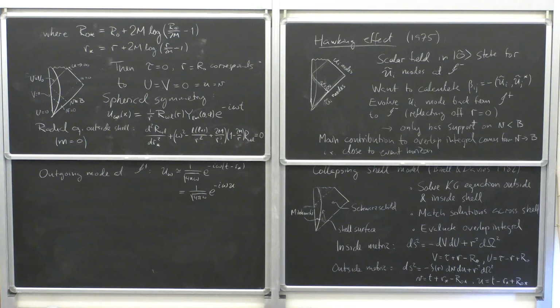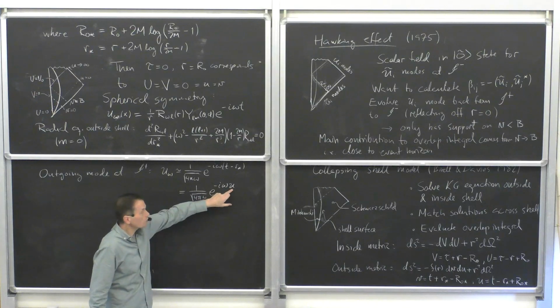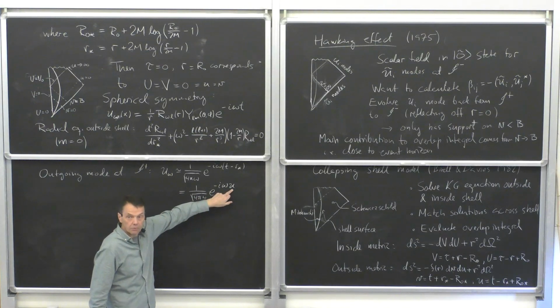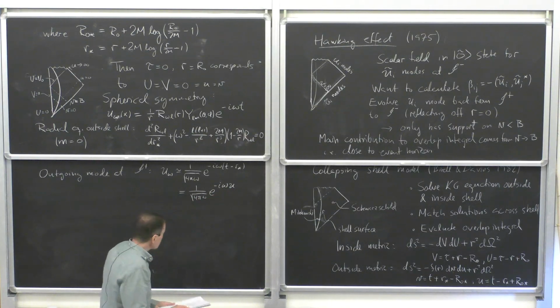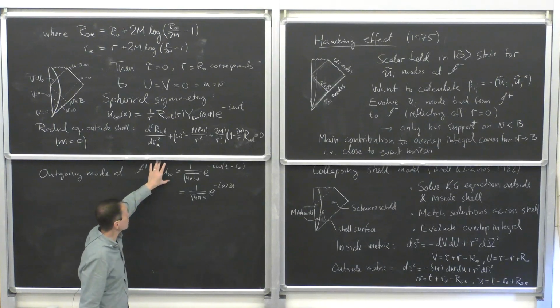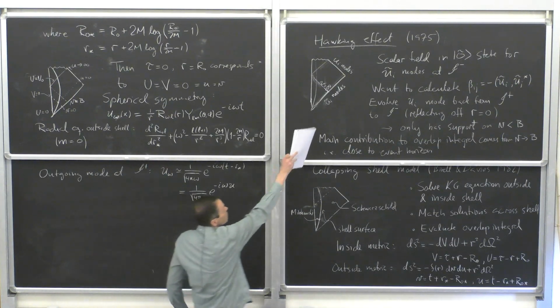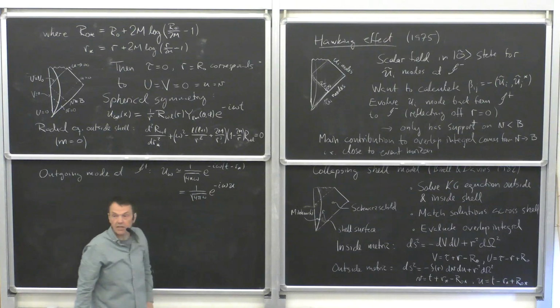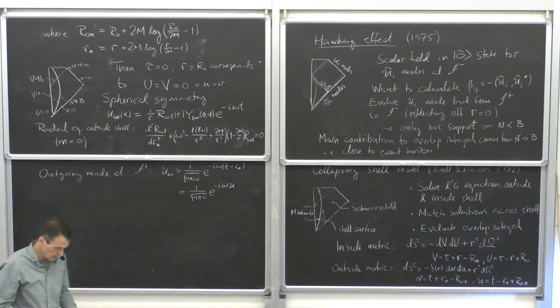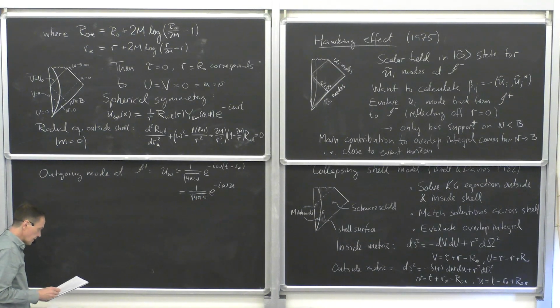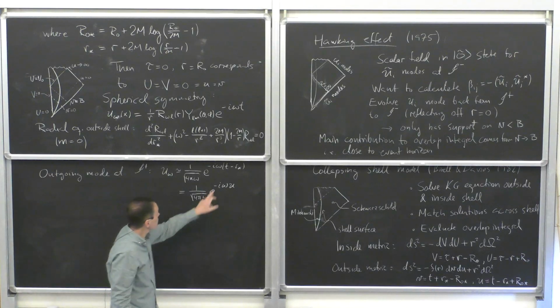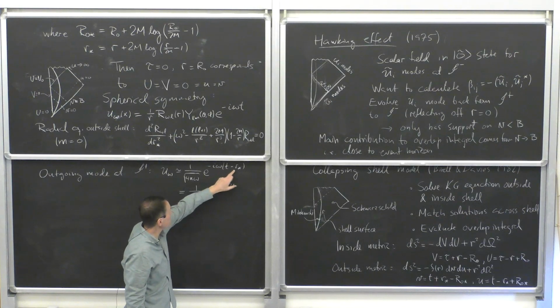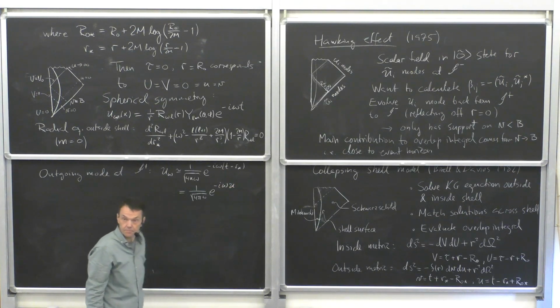So when my outgoing modes are sufficiently far away, they are simply plane waves in the null u variable, right? So these are going to be my positive frequency modes, that I called u_omega modes there, and they're continuously labeled by the energy here, which of course is basically the radial momentum as well, right?